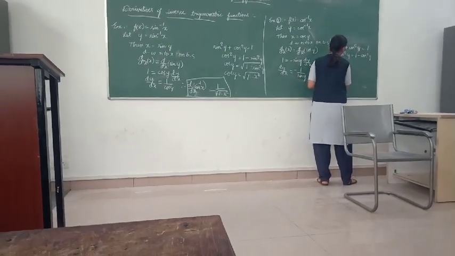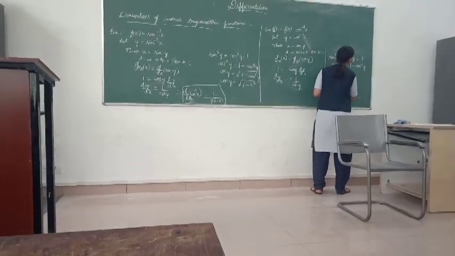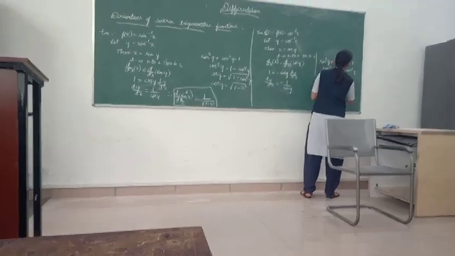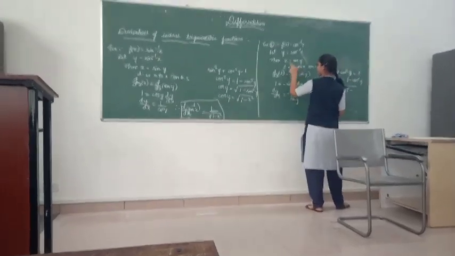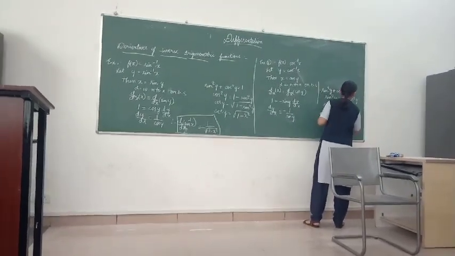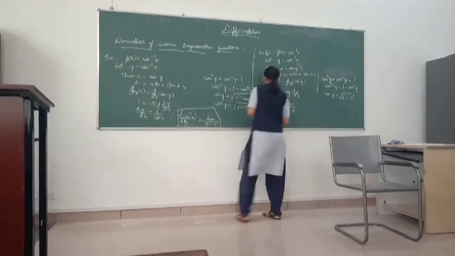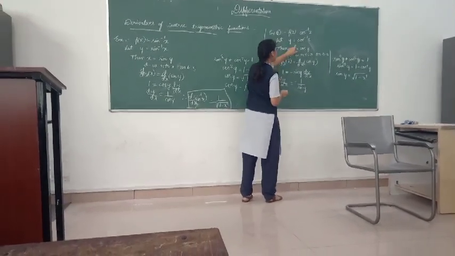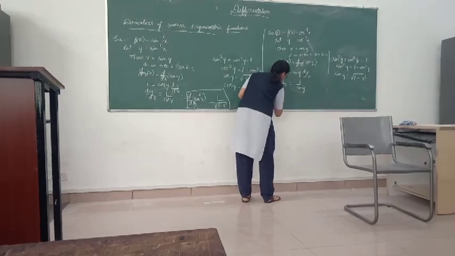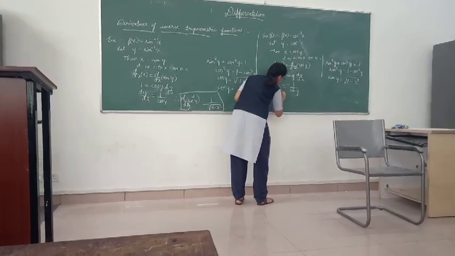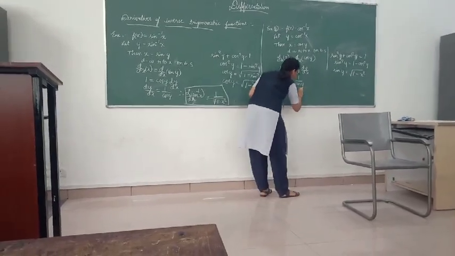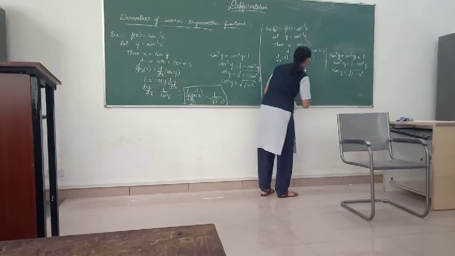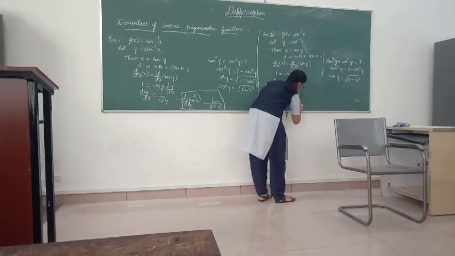So sin y is equal to square root of 1 minus cos square y, which is square root of 1 minus x square. So the differentiation of cos inverse of x is equal to minus 1 by square root of 1 minus x square.